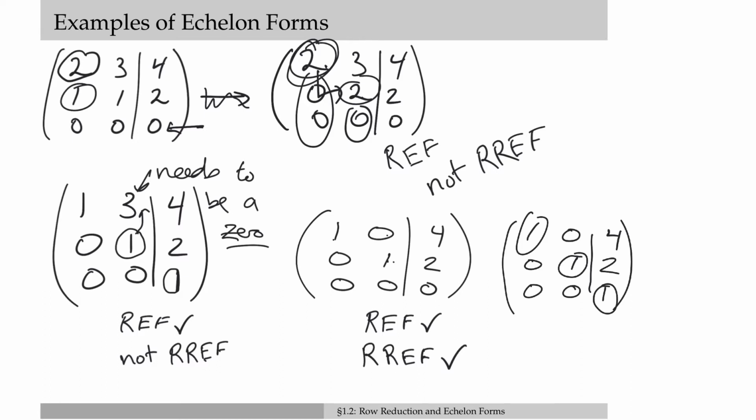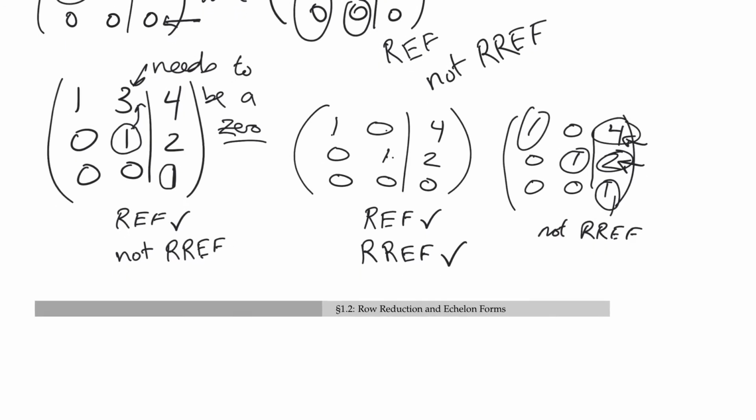Are leading entries the only non-zeros in that row? Well, no. So this would need to be a 0, and that would need to be a 0. So this is not reduced row echelon form. To make it reduced row echelon form, these would need to be zeros. So that would need to be 1, 0, 0, 0, 1, 0, 0, 0, 1. Now that is reduced row echelon form. And we're going to learn that corresponds to something that is undesirable.